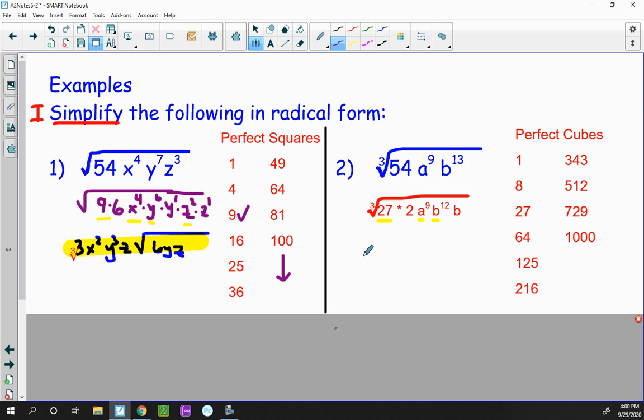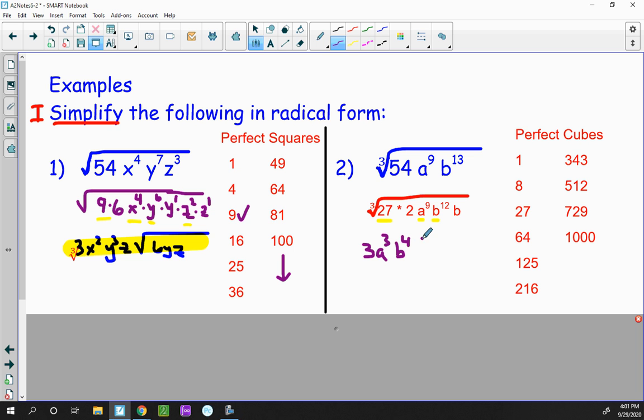And so the final answer: since 3 to the 3rd is 27, the cube root of 27 would be 3. The cube root of a to the 9th is a to the 9 divided by 3, so that'll be a to the 3rd. And the cube root of b to the 12th is going to be b to the 4th power.